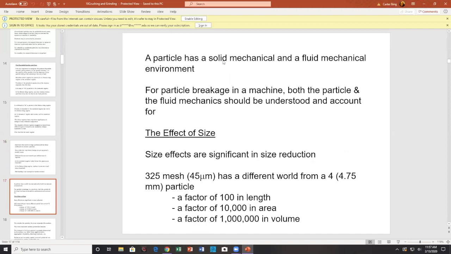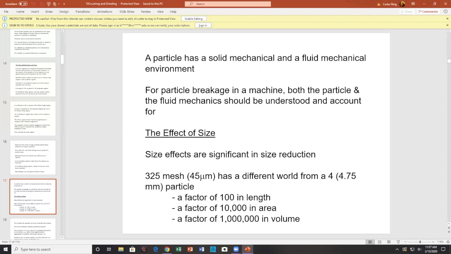A particle has a solid mechanical nature and a fluid mechanical environment. For particle breakage in the machine, both the particle and the fluid mechanics should be understood. The effect of size: well, size does definitely matter.